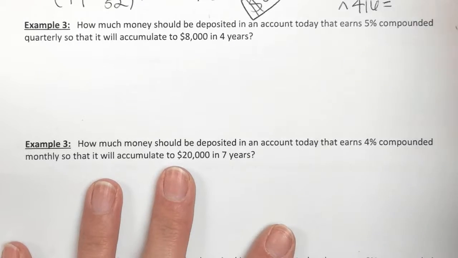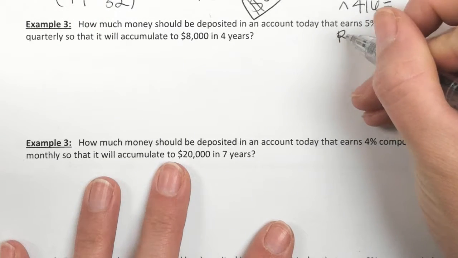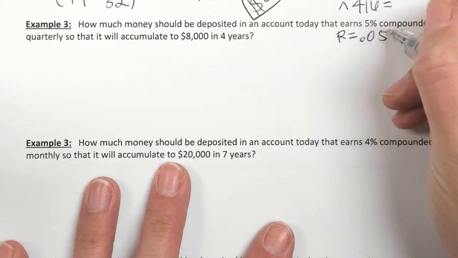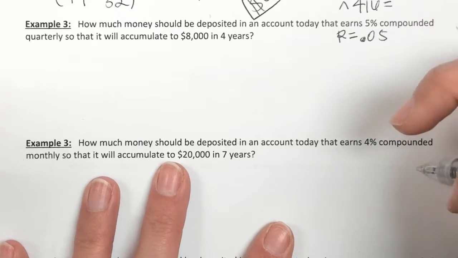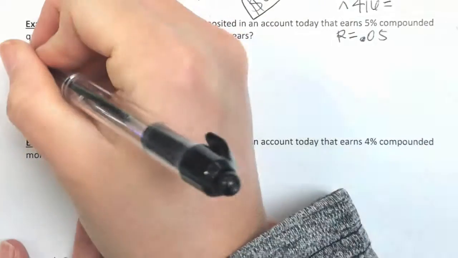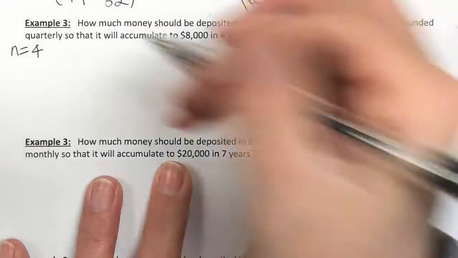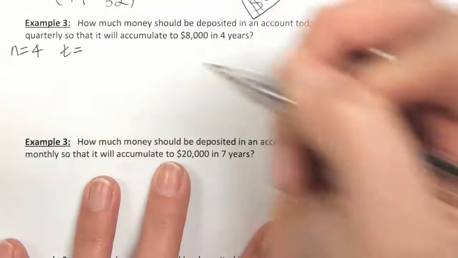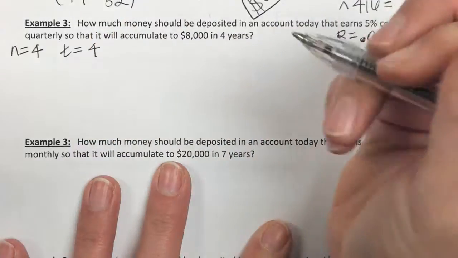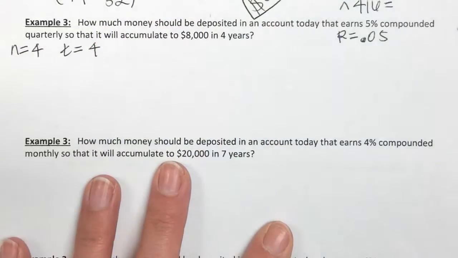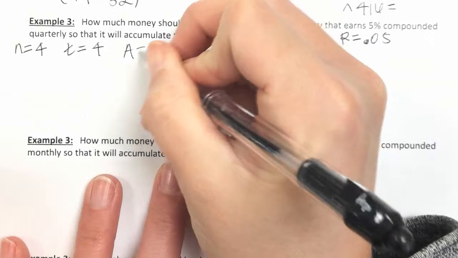Alright, Levi, tell me the rate. 0.05. Good. Tell me what n is going to be, Eric. 4. Good. Tell me what t is going to be, Yolande. 4 years. Good. And then Cyrus, what is 8,000? Good.